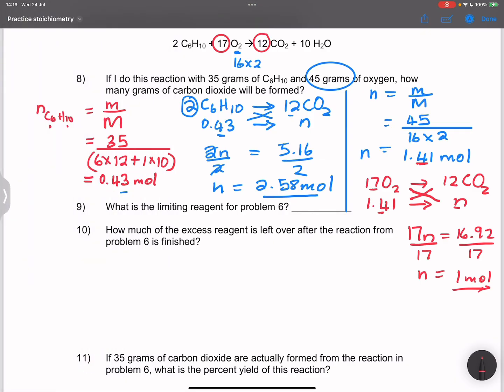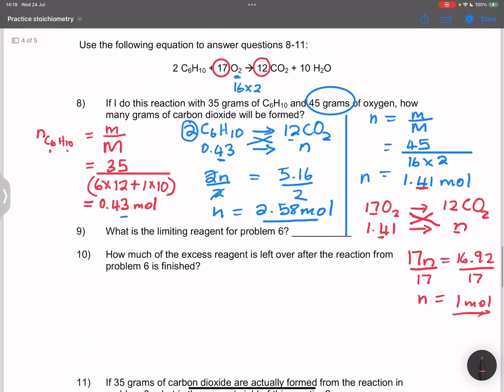If we were able to utilize all of the hexane, we would obtain 2.58 moles, assuming the number of moles of oxygen would be sufficient. But in this case, we realize that oxygen can only get us to 1 mole of carbon dioxide.